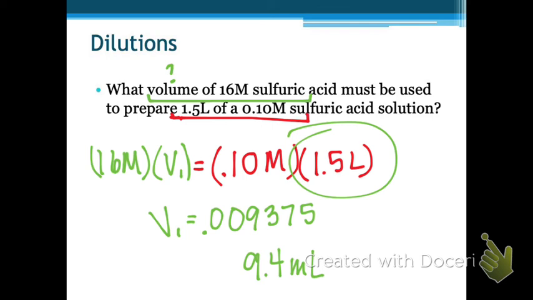I need very little of that. So most of this 1.5 liter solution is water, right? Because only 0.009375 liters of that are even our acid, right? Because 0.1 molar is a really weak concentration, right? It's mostly water. Okay? Tell me, what questions do we have with that?